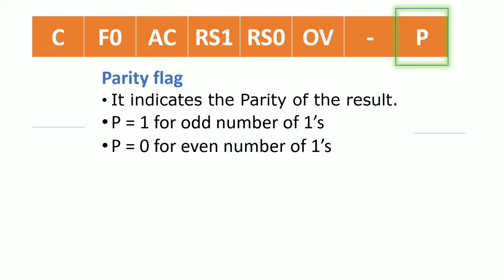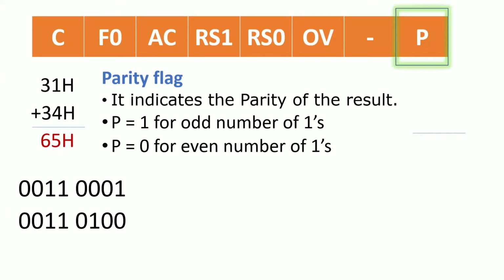And if there are an even number of ones in the result, the parity flag will be 0. Take an example. There is an arithmetic operation: I am adding 31H and 34H. We will get the result 65H, because it is a hexadecimal number, represented with hexadecimal digits. Now you tell me, are there an even number of ones or an odd number of ones in the result?